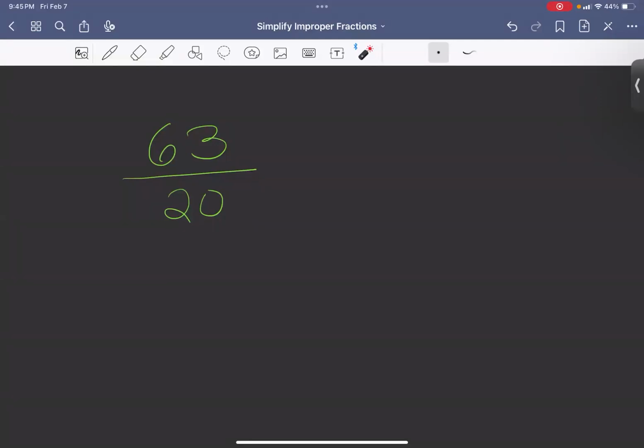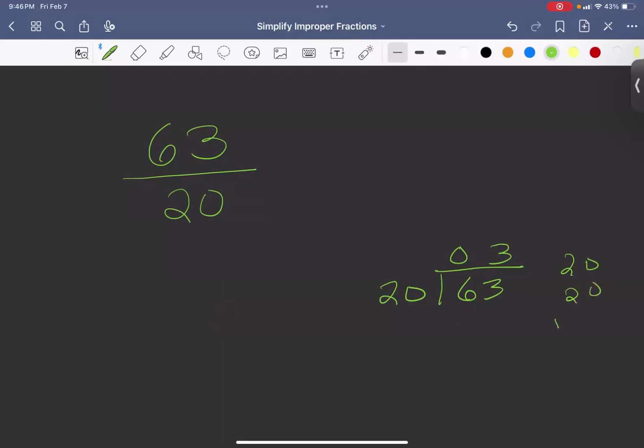So if I write it out, I could do it this way, 63 divided by 20. 20 into 63 is 3 times, because 20 plus 20 plus 20 is 60. If I did another 20, it would be 80. So it's too much. So I'm only going to use the 3 20s.